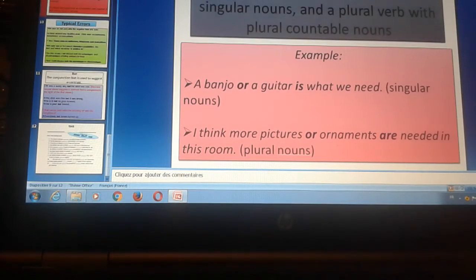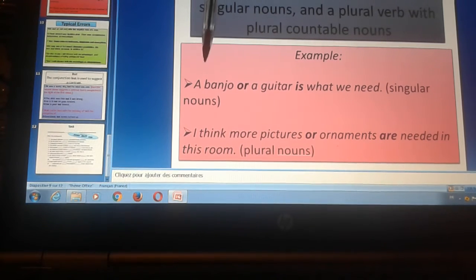You know banjo? Banjo is a kind of musical instrument. It's like a guitar. So a banjo or a guitar is what we need. So as you notice here, a banjo is a singular noun, and guitar is also a singular noun.